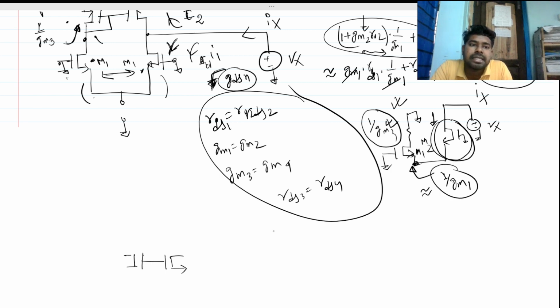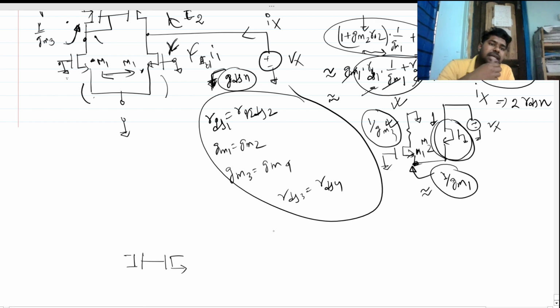So this will be RDS1. The looking-downward impedance is nothing but 2 RDSN. We cannot neglect it now, because this is RDS1 and this is also RDS1, so we cannot write it as approximately RDS1, because it becomes 2 RDS1. This is the mistake I made a few minutes ago.